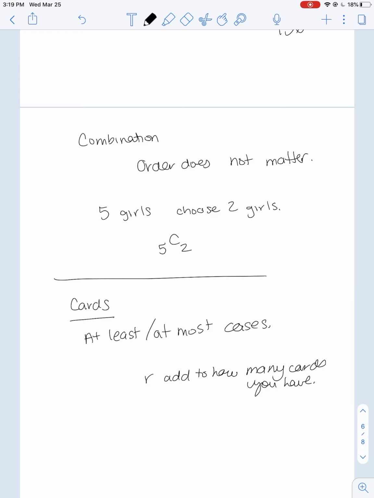Okay, and then just make sure that your numbers make sense. There's a few examples in your notes, so make sure you look at those ones. So order doesn't matter when you're choosing something that's going to do the exact same thing. So if they're going to do the same job or there's a card situation, that's when you use this nCr. Okay, so make sure you pick the right one.